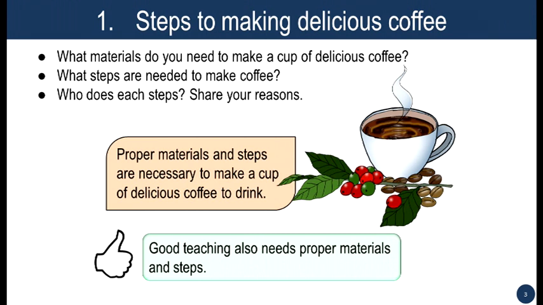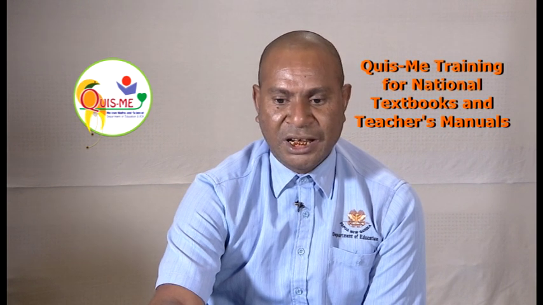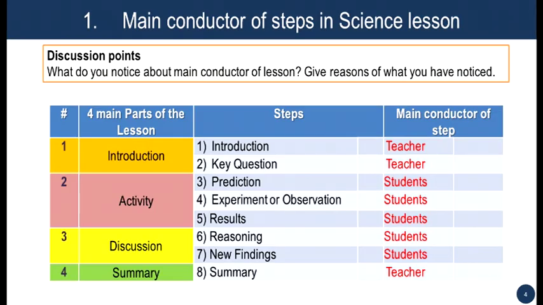Alright, the first thing that we need to look for in a science lesson are the main conductors in the lesson. So who are the main conductors in a science lesson? I'd like you to have a look at the 4 parts of the lesson in a lesson flow.